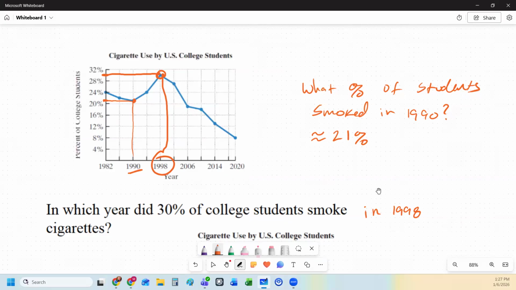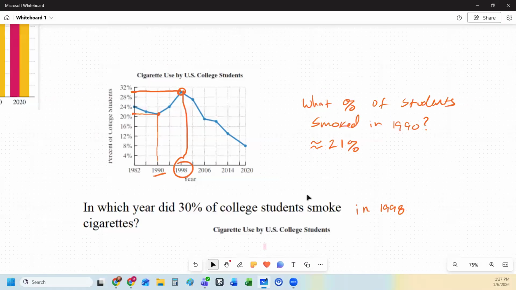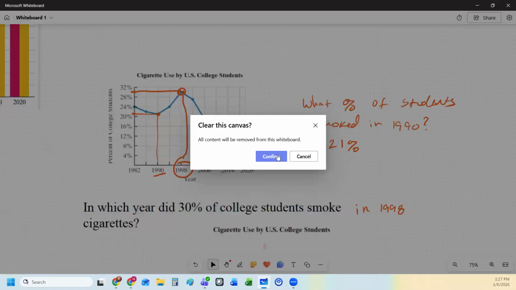And then we talked about models very briefly, but a mathematical model is designed to estimate some value or predict a value.